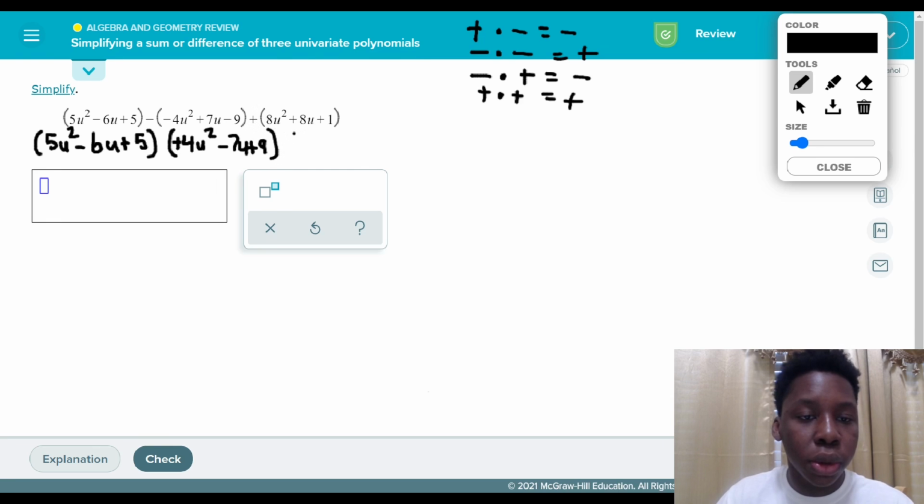So the next step is this one. Plus times plus. Remember, as long as there's no sign in the front, if it doesn't have a minus in the front, automatically it's a plus. So plus times plus 8u squared, plus times plus equals a plus, so that would be plus 8u squared.